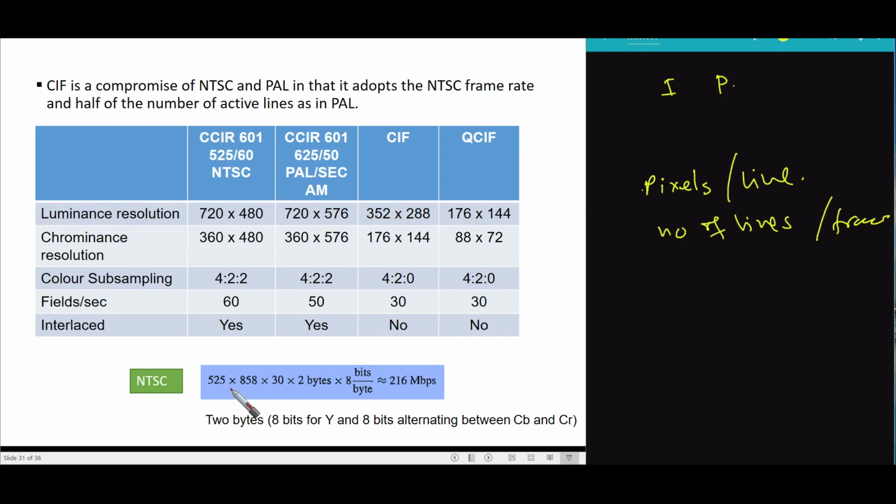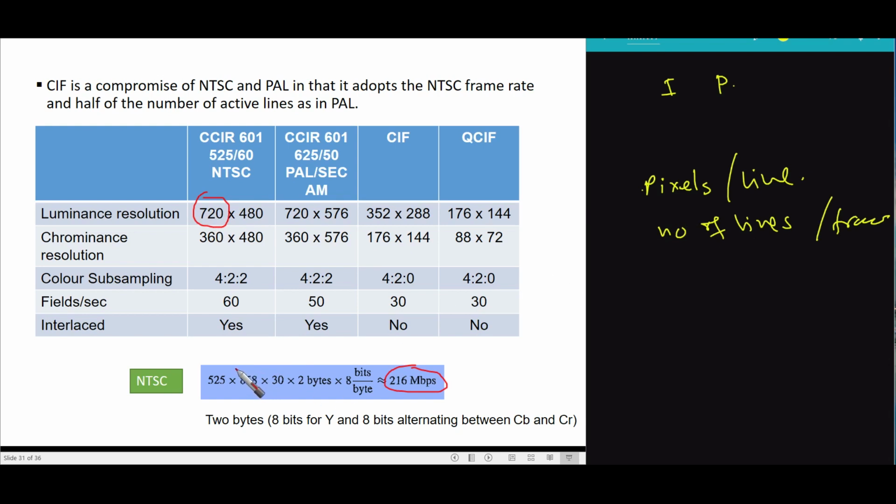And this is an example of what kind of bit rates we usually require. For example, if you take the NTSC example that we had, 720 pixels per line, and you can think there are other kinds of pixels.